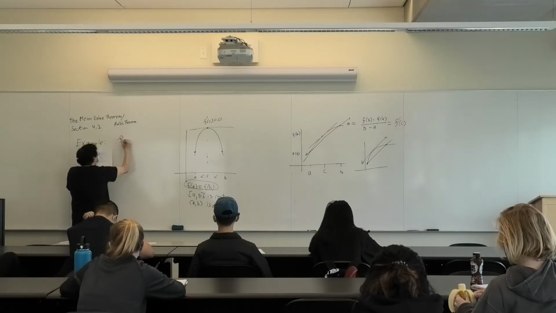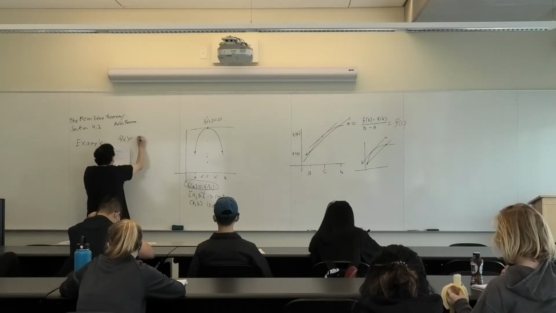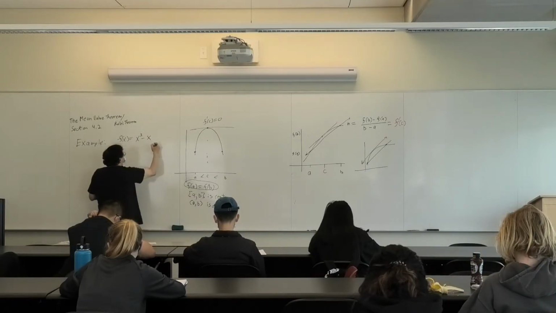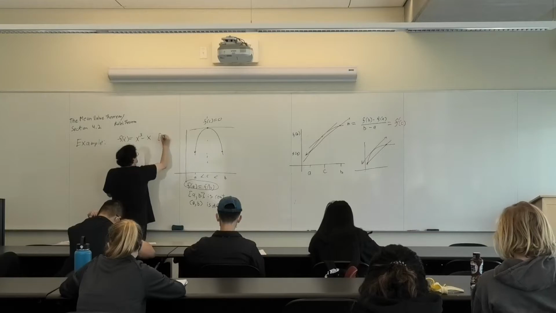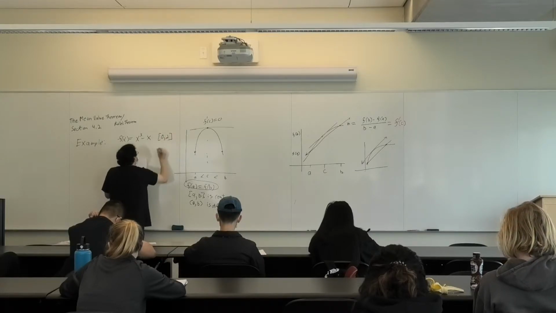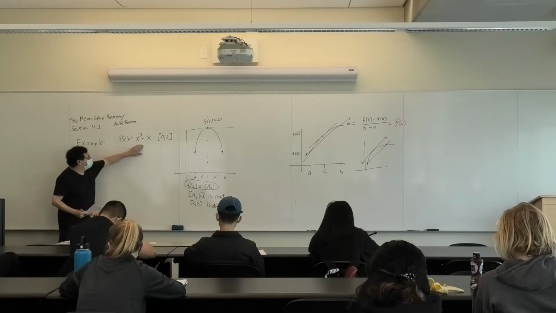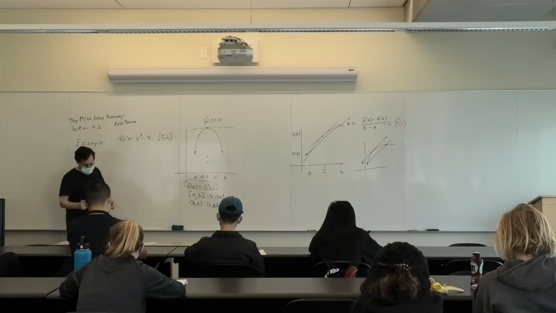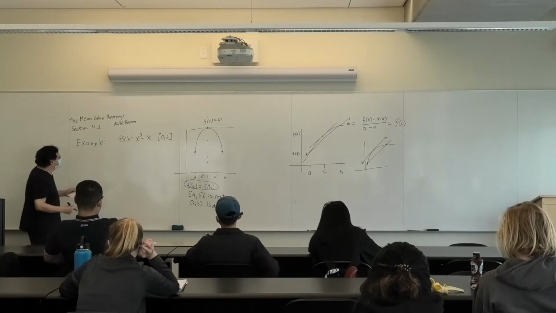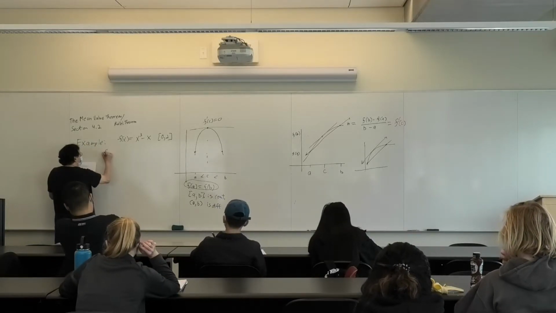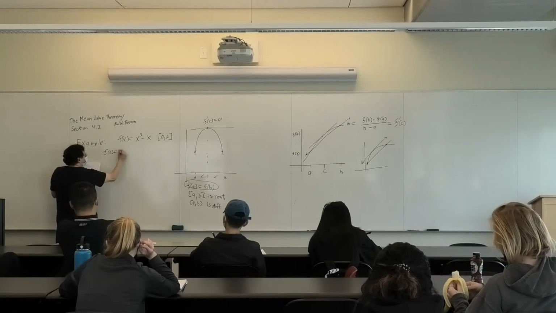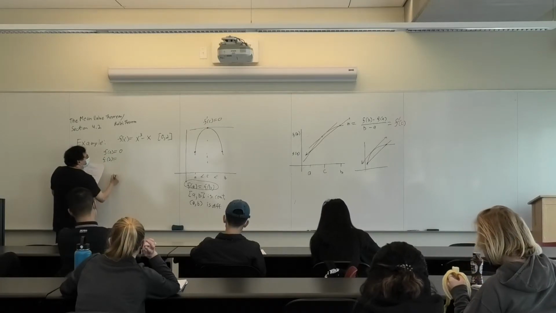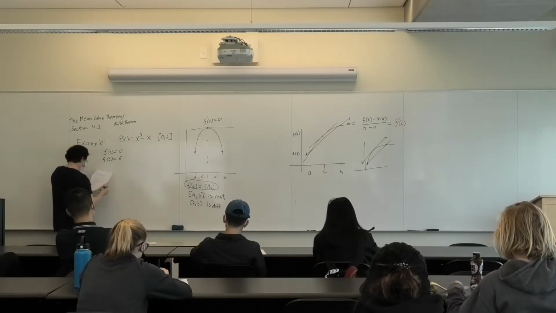Let f of x be x cubed minus x on the interval 0 to 2. Again, since it's a polynomial, we know it's continuous, and we know it's differentiable. We know that f of 0 equals 0. f of 2 is 8 minus 2, which is 6.